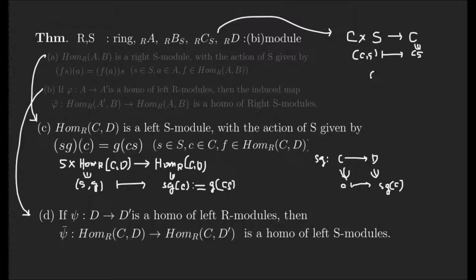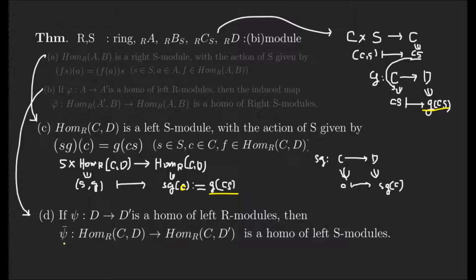G is C to D. So this is clearly in C. This map goes to G, C, S in D. So this is clearly well defined. This SG is from the map into D.